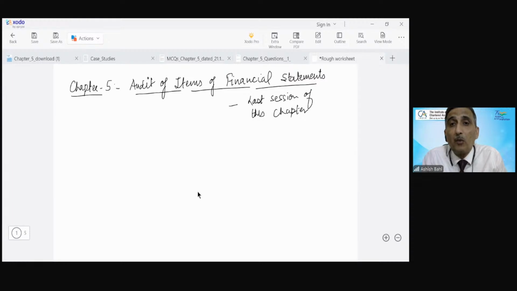So guys, one important thing you are missing out here is that the auditor can send confirmations to bankers for confirming the balances which the said company is holding with them in various accounts.